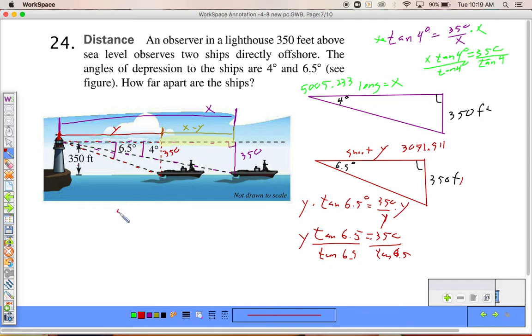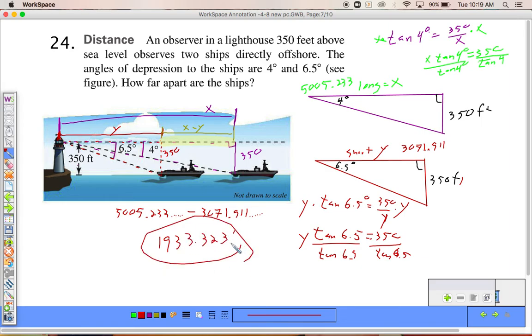Now my math to find the distance between them. I'm going to say they're 1,933.323 feet apart.